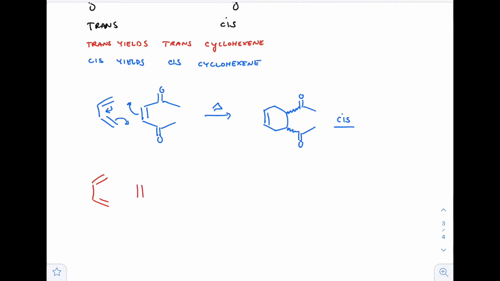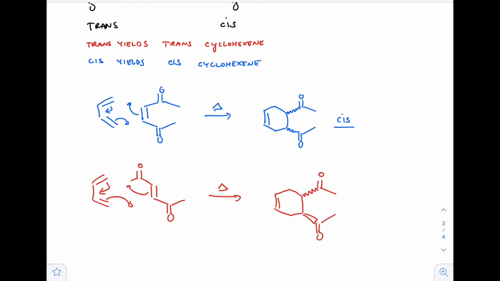Okay, now if we had that same dienophile but trans instead of cis, we would do the same kind of concerted mechanism, push those arrows all at the same time, get the cyclohexene, but now the carbonyl groups are opposite of one another. So one's pointed away, one's pointed at us, and you can get the isomers, right?